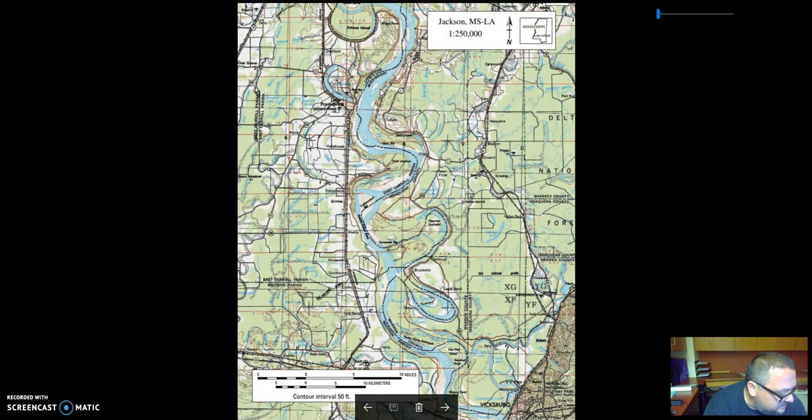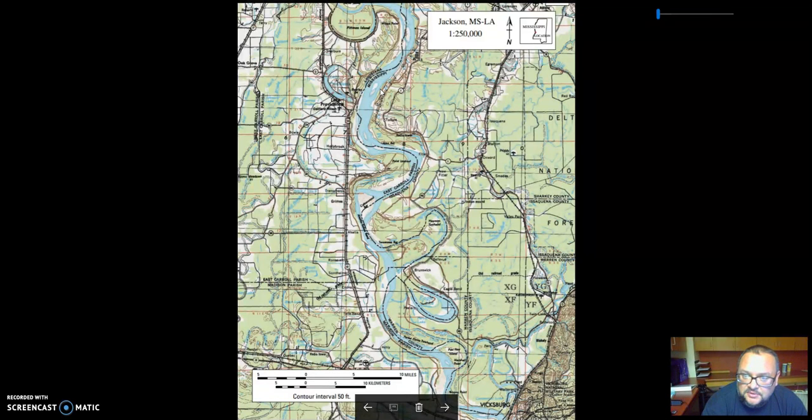So in general, how is the gradient of the present course different from the gradient of the boundary course? In other words, is the present course steeper or less steep than the boundary course? Well, to figure that out, you could just sort of figure it out because it's covering the same distance in a lot shorter path.